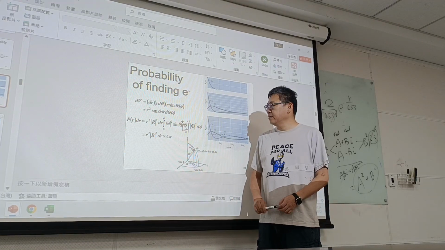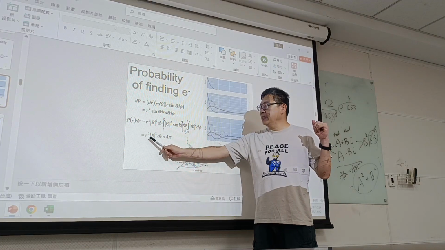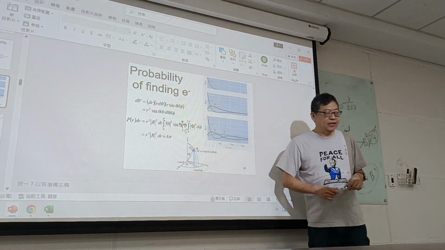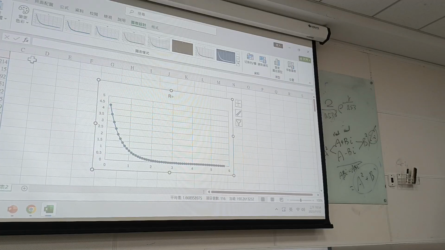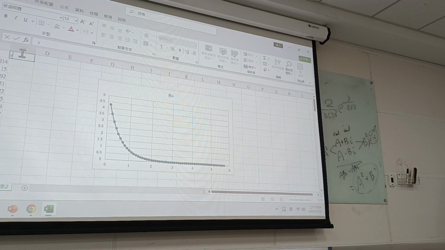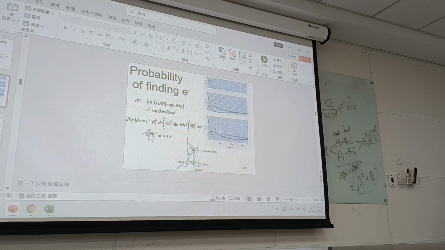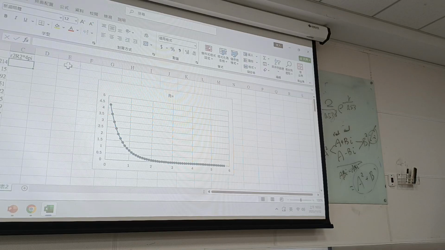That means R squared is the function squared, times 4 pi. So what we need to plot is R squared multiplied by 4 pi.